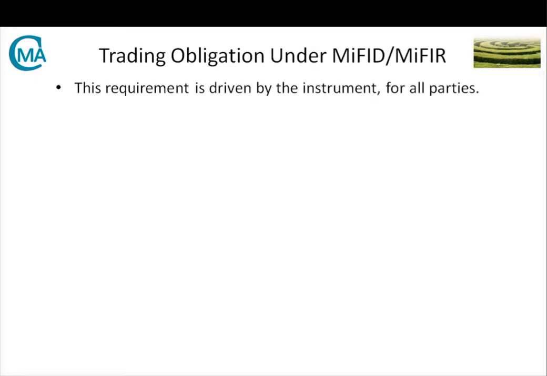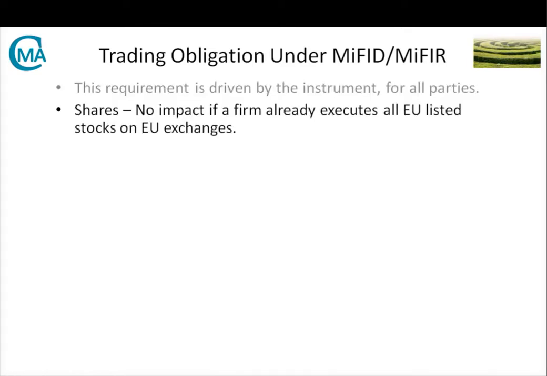So the trading obligation, this is by the instrument. It says any party that trades in this instrument is subject to this rule. If it is traded on an EU venue, no matter where else it's traded, then the trade must be done either on that venue, or on an equivalent venue outside the EU, or if allowed, with a systematic internalizer.